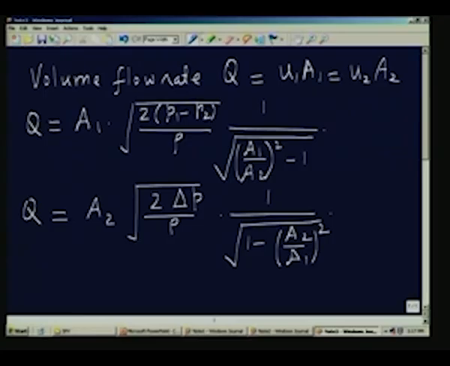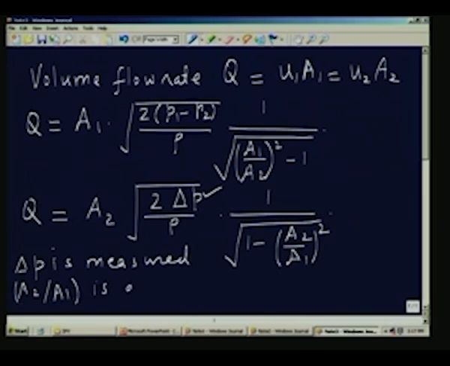So, in a flow measuring device based on the variable area principle, delta P is measured, and the ratio A2 by A1 is also known because I know the change in the area.